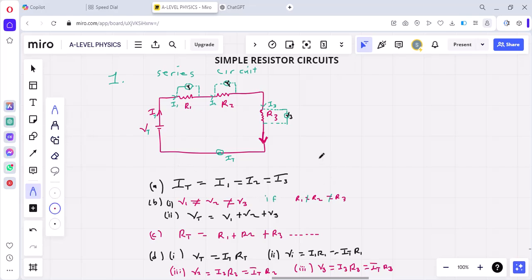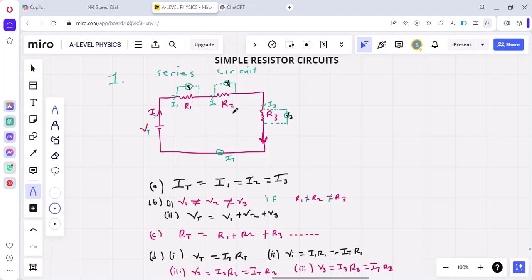How about the voltage drop? For resistors connected in series, the voltage drop is not the same. The voltage drop is different. For example, here the voltage drop might be 0.5 depending on the resistor.